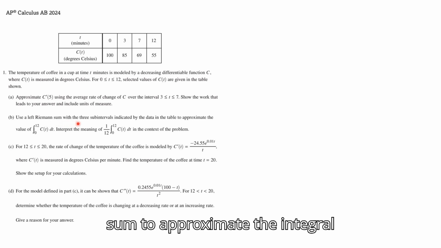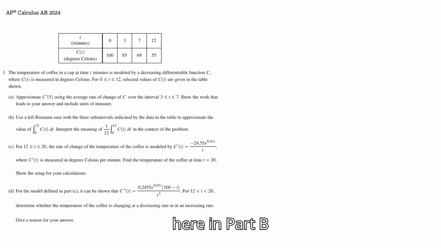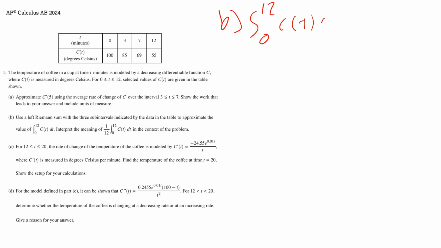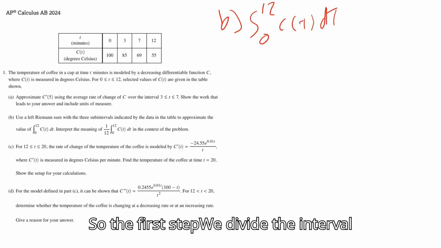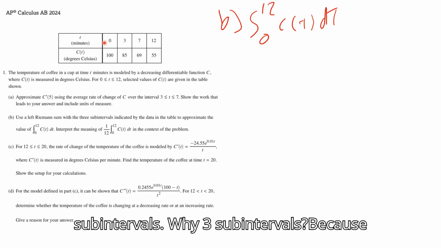Use a left Riemann sum to approximate the integral from 0 to 12 of C(t) dt. The first step: we divide the interval from 0 to 12 into 3 subintervals. Why 3 subintervals?